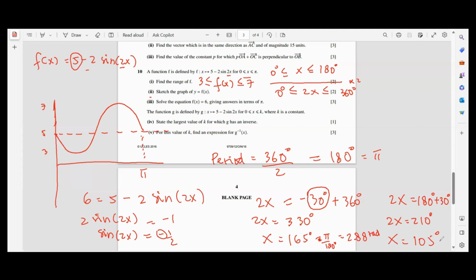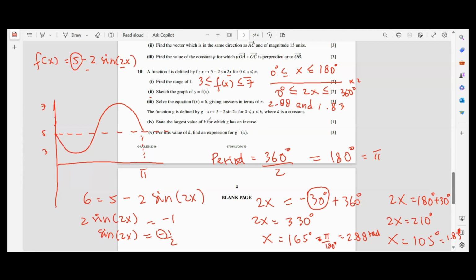And then the other one, 105, it is 1.83 radian. So for this, it is 2.88 and 1.83. Okay, that is for III.